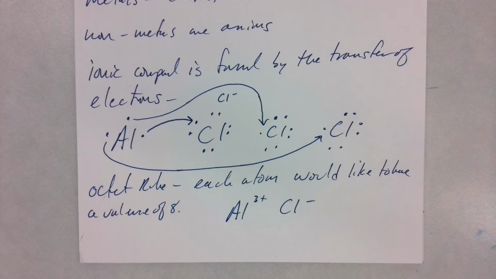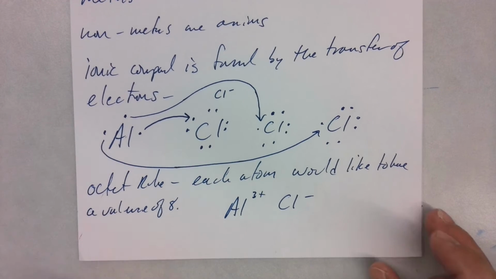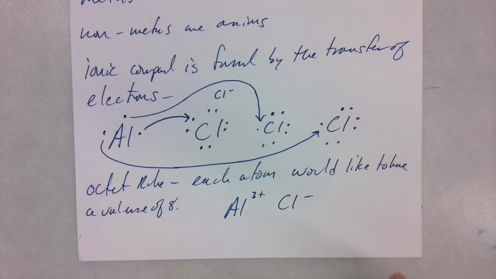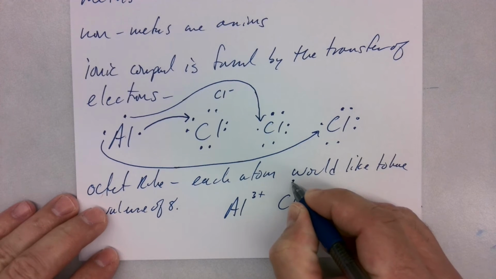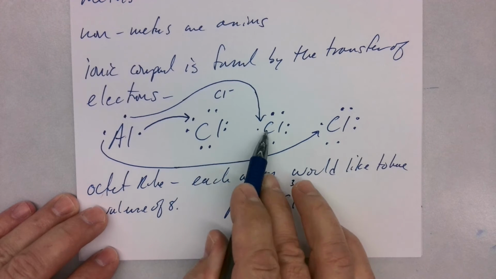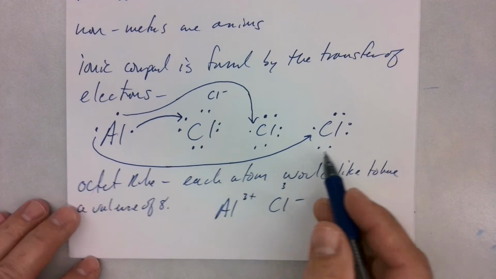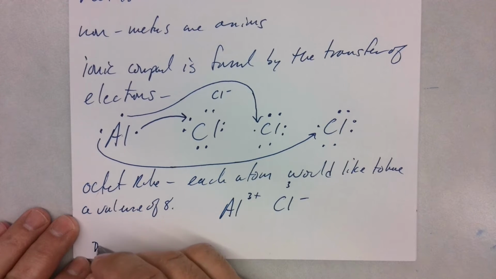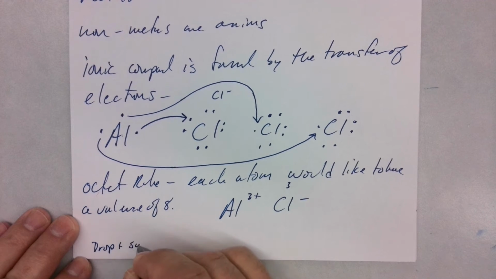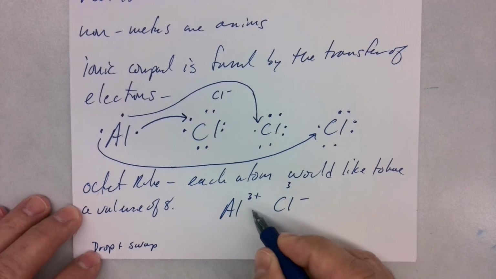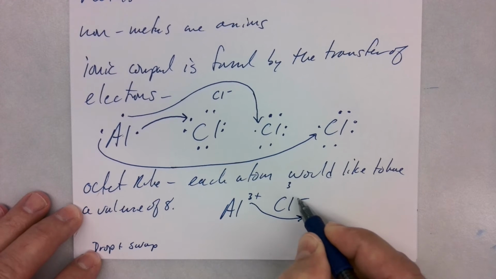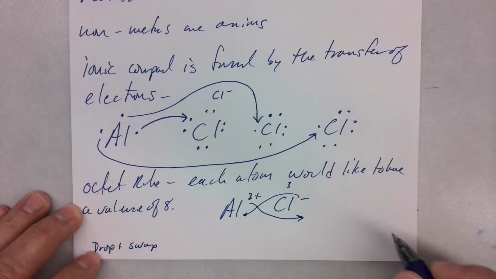Okay. Now, what happens is you end up with something that looks like this. Granted, we already realized there were 3 of these, because we had those 3 right there, right? And I get there from what is known as drop and swap. What that means is I take that, I write it there, and I take that, and I write it there.